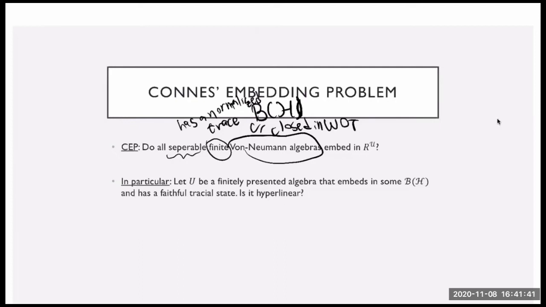It turns out that you can choose different ultrafilters to take the ultraproducts with respect to, but these things embed in each other. So for the sake of asking whether a von Neumann algebra embeds in one, it's the same as asking whether it embeds in all others.